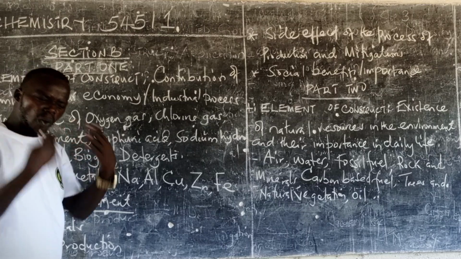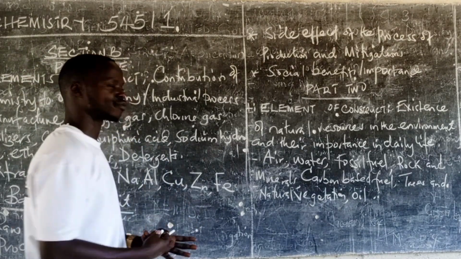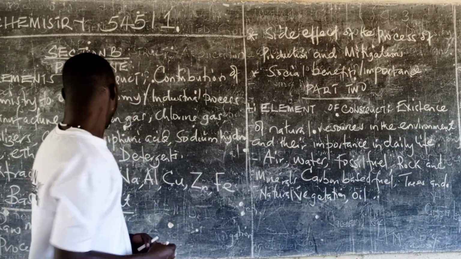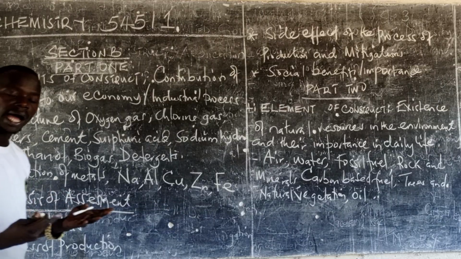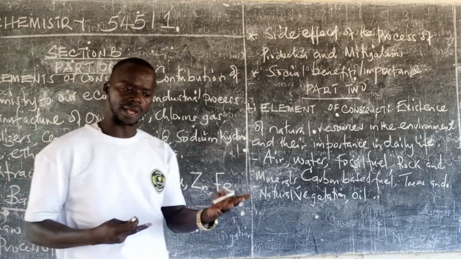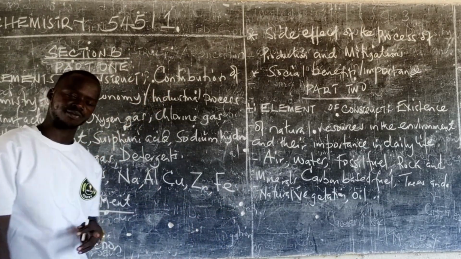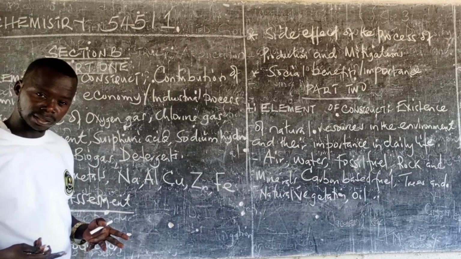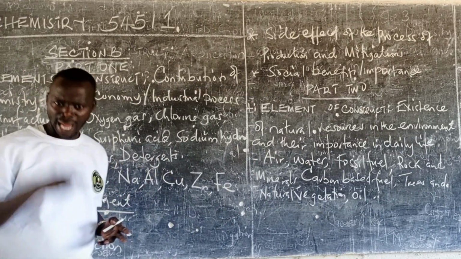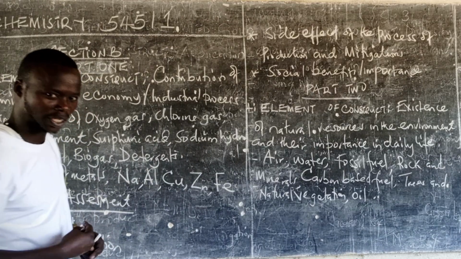Now, what particular concept is a learner supposed to know on these areas? That takes us to what we call the basis of assessment. For a learner to be able to manufacture a particular product from industry, because this is the industrial process, there are the raw materials which must be used for making the particular product.